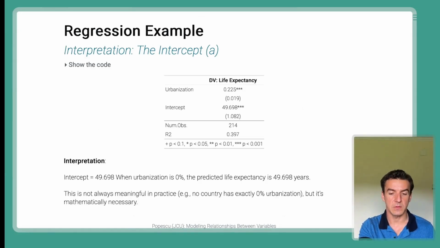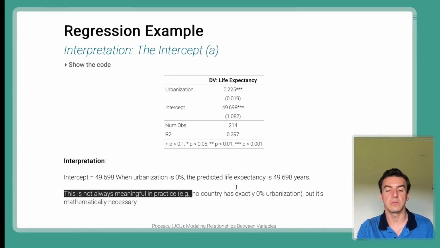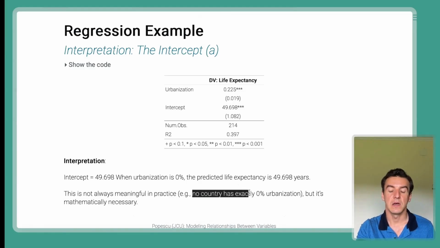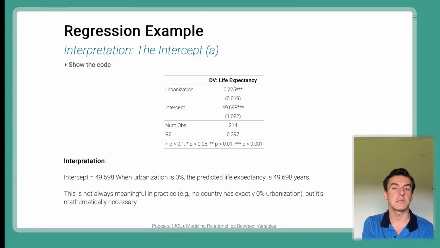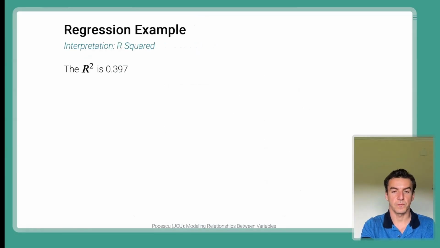In this case, it is, or to some extent. Maybe it could be the case that no country has 0% urbanization. But this allows us to make calculations, like what is the life expectancy for a country that has 50% urbanization? What about a country that has 30%, and so on and so forth? The reason why the a is useful is because this allows us to make predictions.